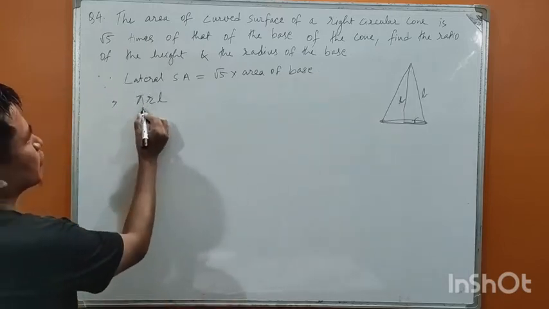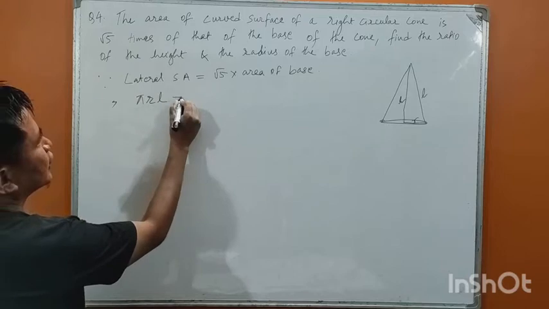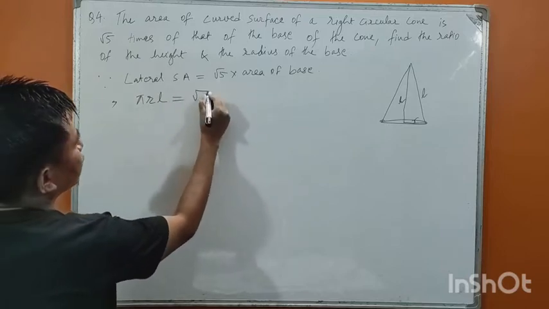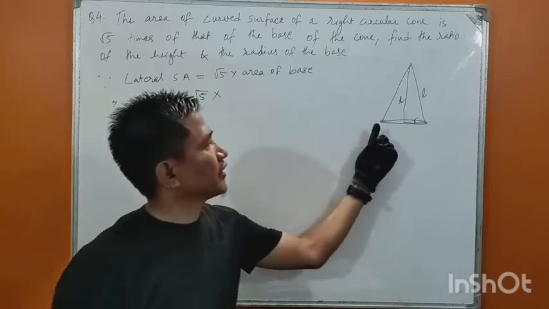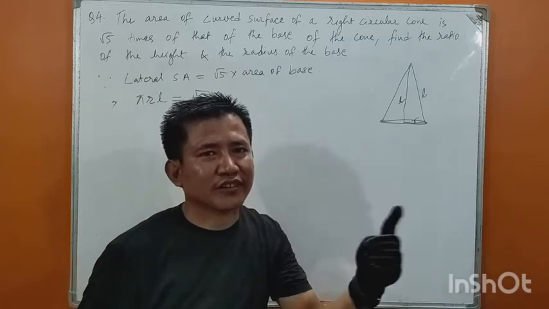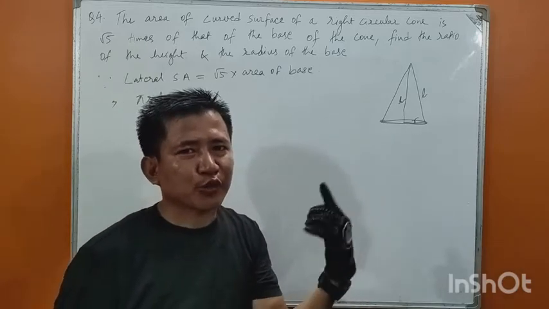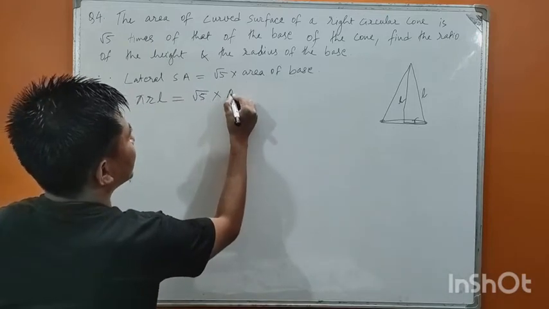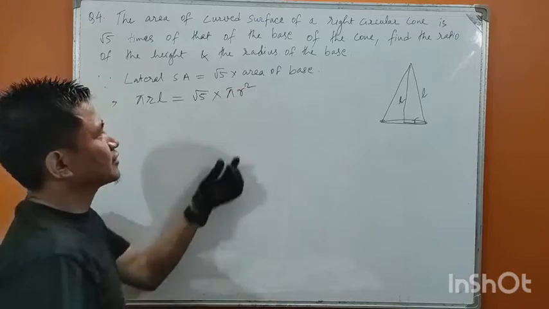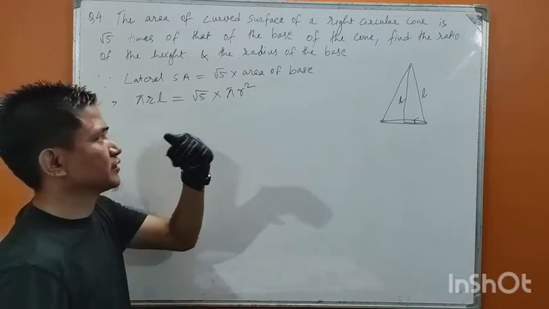This is the formula for lateral surface area, which equals root 5 times the area of the base. The base is circular, so what is the formula for the circle? Pi r square. This is the formula for the circular base, isn't it?